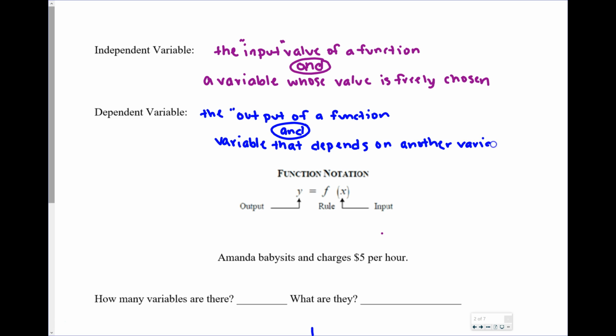Meaning we can't really freely choose this variable. This variable appears once we change another variable.